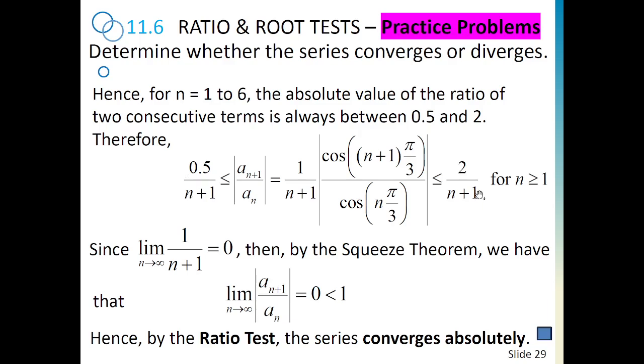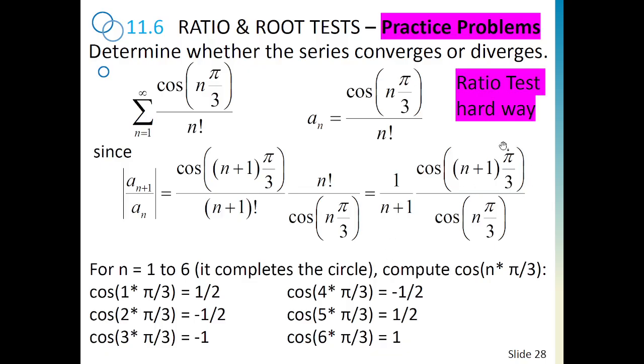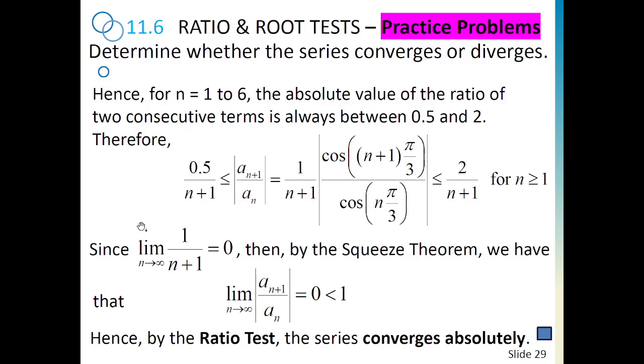So by the squeeze theorem, the limit is 0. Okay, cool. Since the limit here will be 0 and the limit here will be 0, the limit of the product is 0, so the limit of the ratio will be 0. Now I'm a happy person. So I can finally conclude that by the ratio test this series is absolutely convergent.